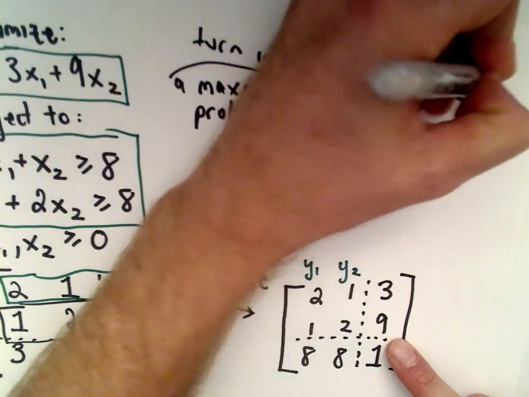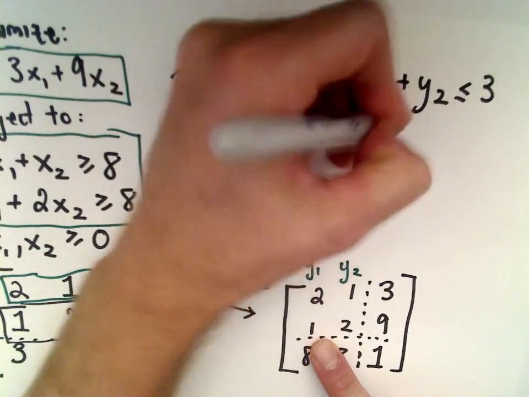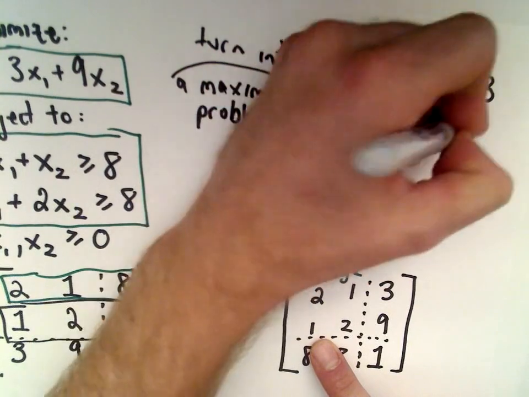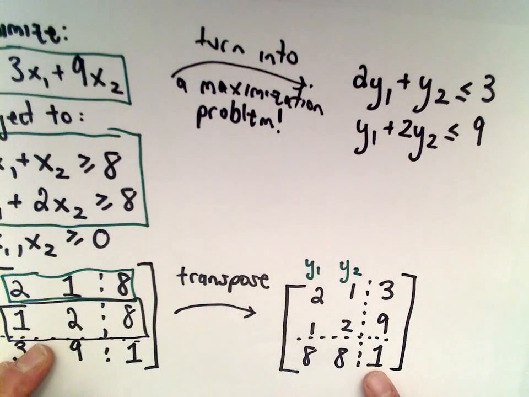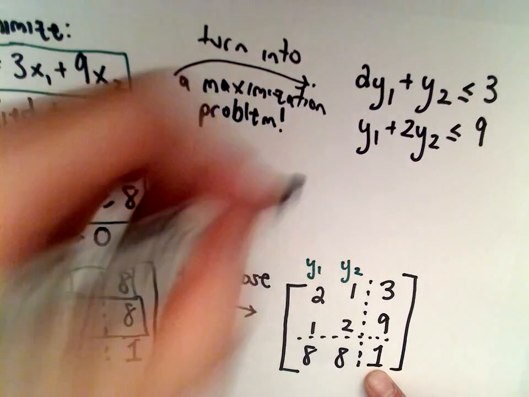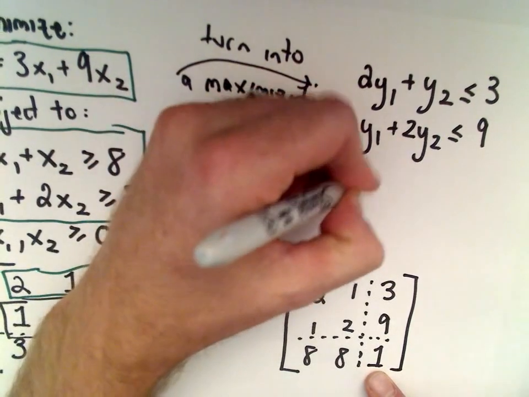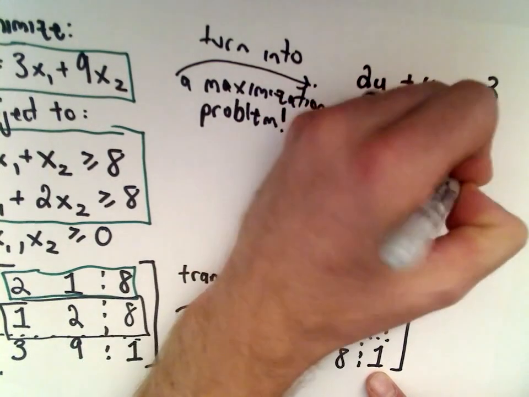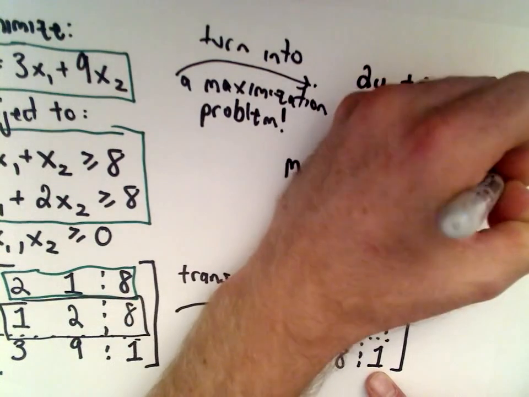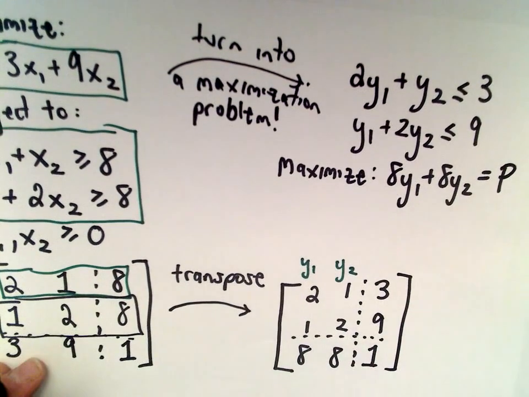So less than or equal to 3. Then I'm going to have 1 y sub 1 plus 2 y sub 2 less than or equal to 9. And my last row corresponds to what we're trying to maximize. So now we're trying to maximize 8 y sub 1 plus 8 y sub 2, and I'll set that equal to p. I don't want to use c again, so I'll use a different letter, p.